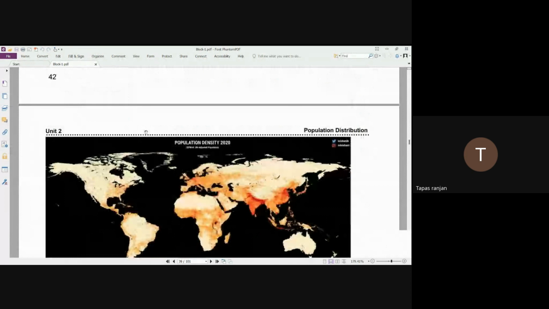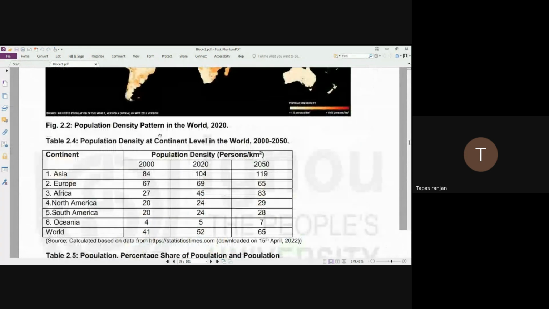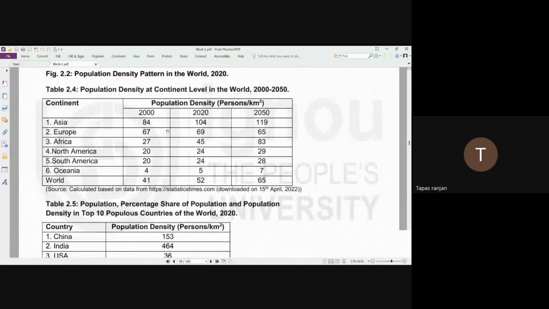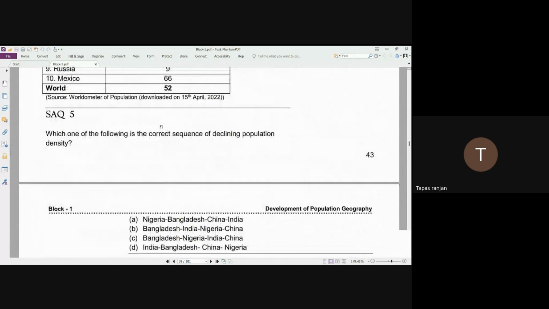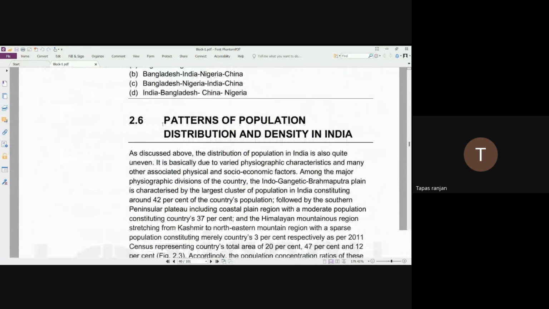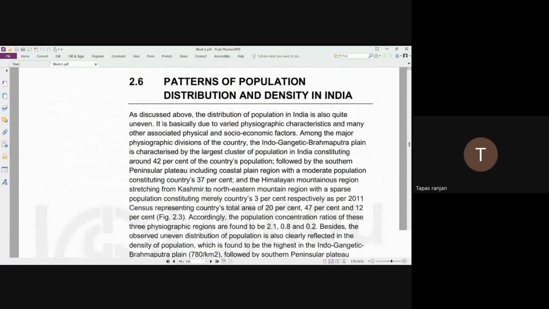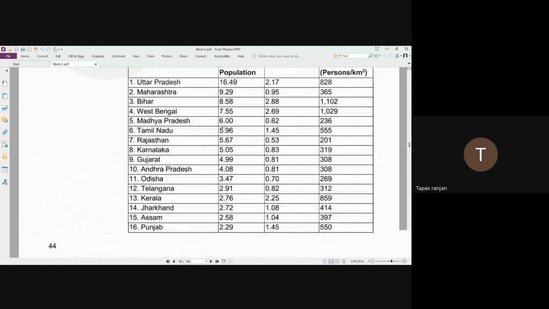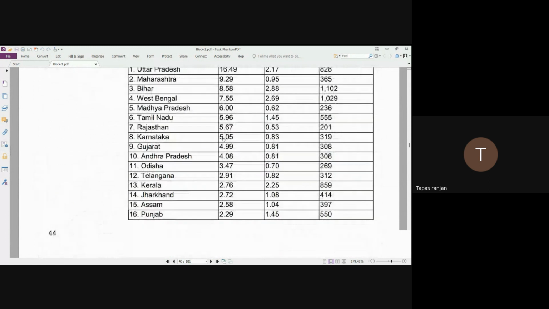We will discuss only the concepts. Even this part, the pattern of population distribution and density in India, you can go through the different data and tables given here.